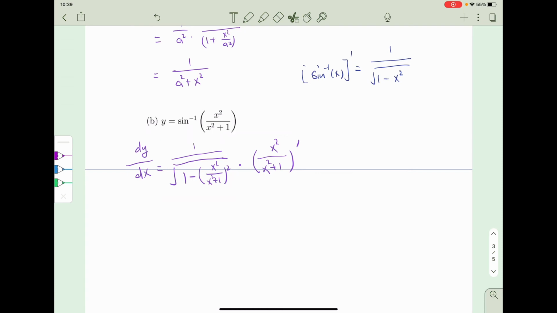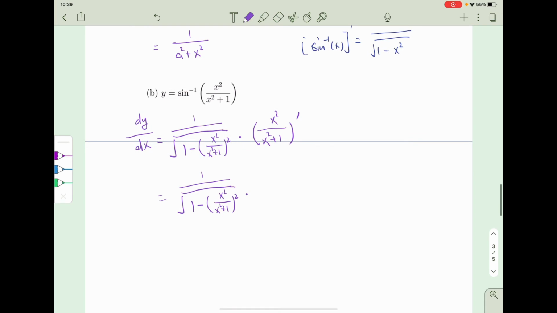If you don't want to use the quotient rule, you will want to write this as x squared plus 1 minus 1 over x squared plus 1, then take the derivative.